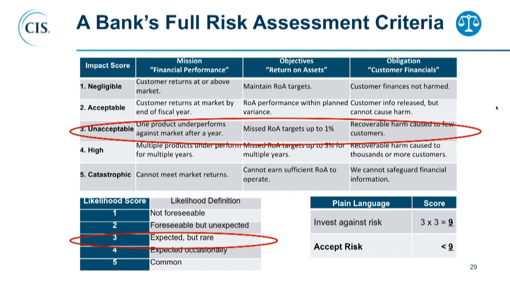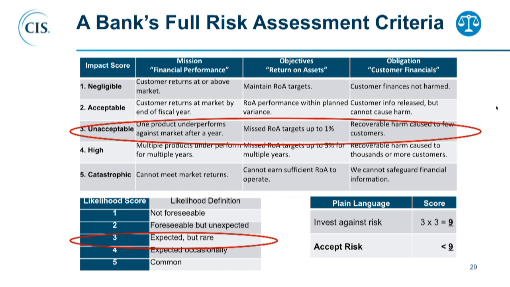This organization is now able to say, if I can think of what an unacceptable impact level would be, and I can see a way to communicate foreseeability in a fairly consistent way, can't I then say a certain commonality or certain foreseeability of an unacceptable impact could help me figure out what's acceptable? So this organization says, if there's an expected but rare occurrence of an unacceptable impact, that's 3 times 3, that would be 9.